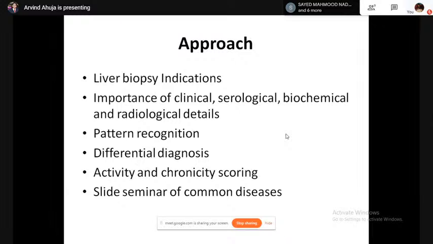And we all know there are most importantly two scores: histological activity index and its stage, as well as meta staging. We'll see later on when we are going through diseases. And I'll show you a slide seminar of common diseases which I have encountered in my practice.